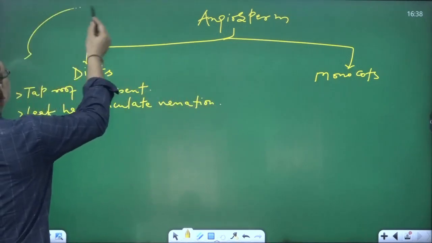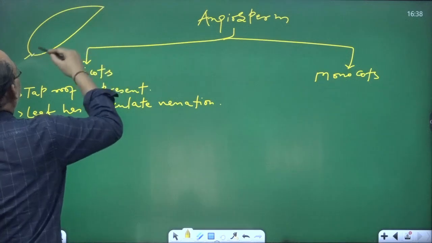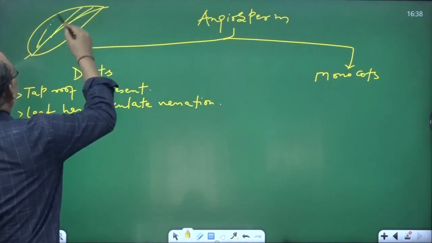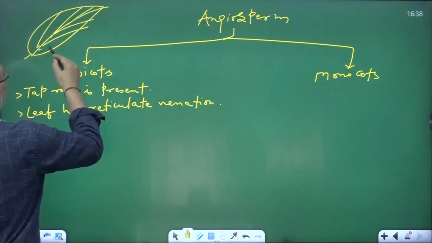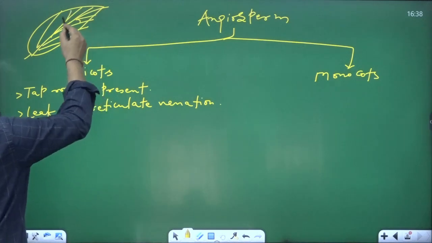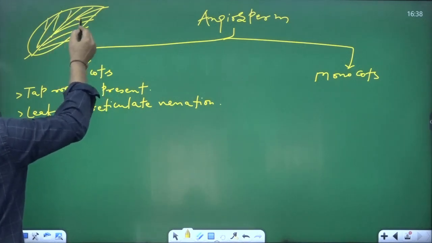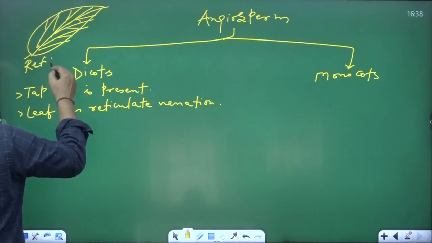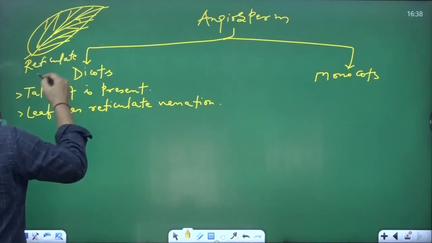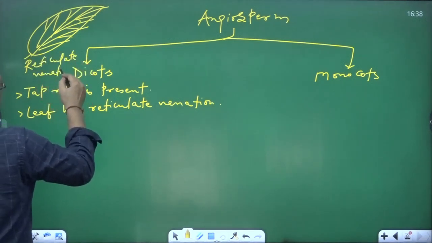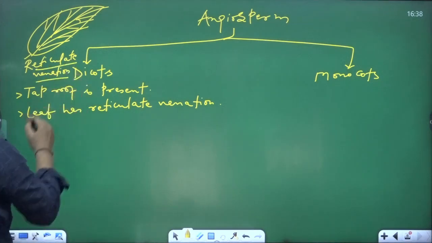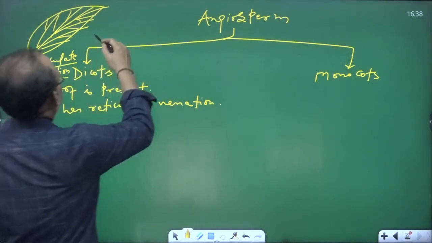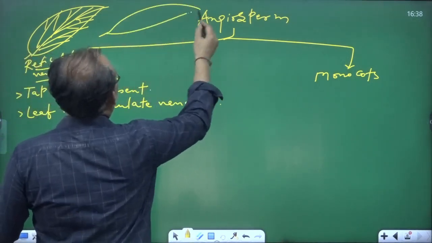Now, suppose this is the leaf, right? Now, this leaf will have this type of venation. This is called reticulate venation. Parallel venation is like this.